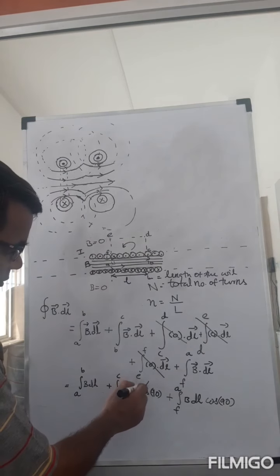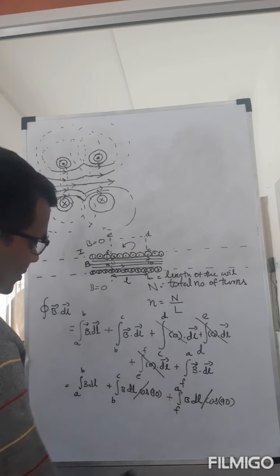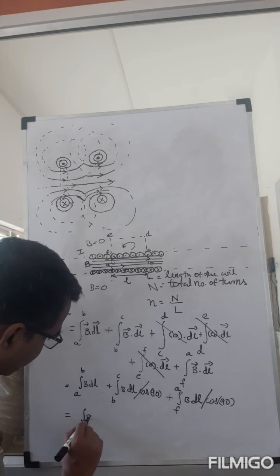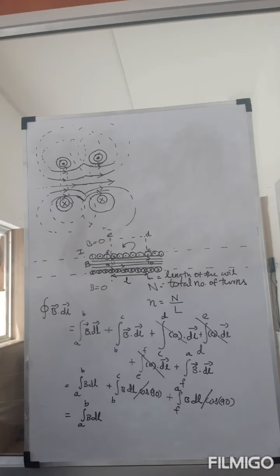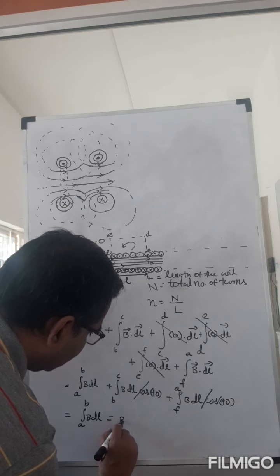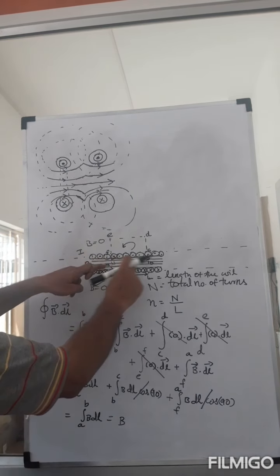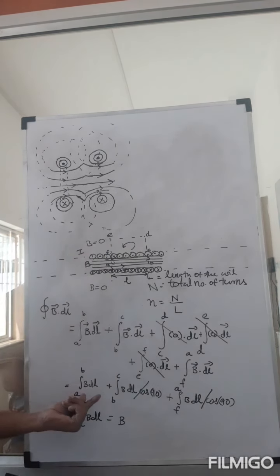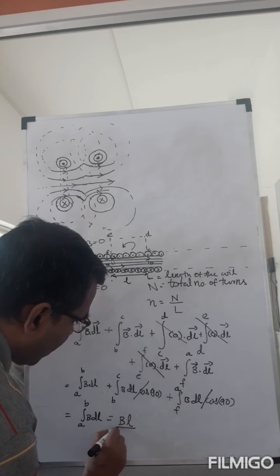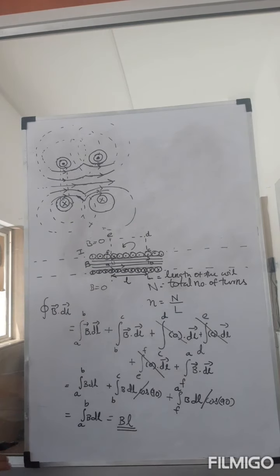So this will also become 0, this will also become 0, so I am just left with integral B dl A to B. Then what would I get now? B into dl from A to B, what is that length? The length L. So BL.